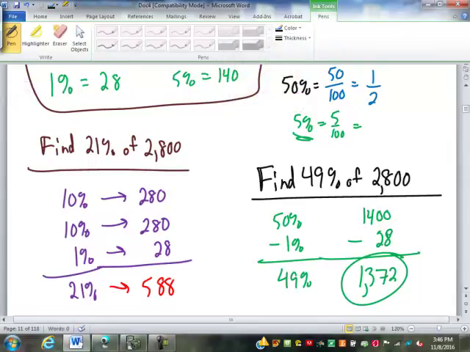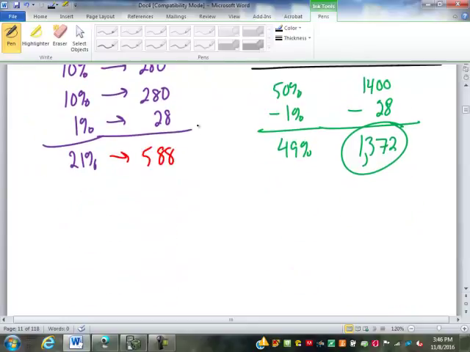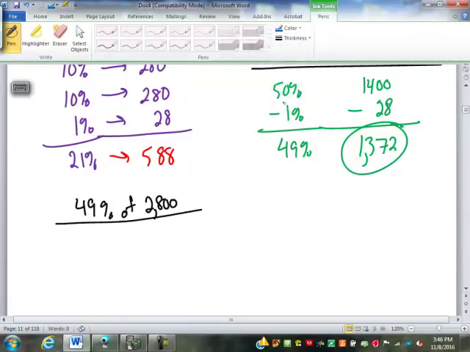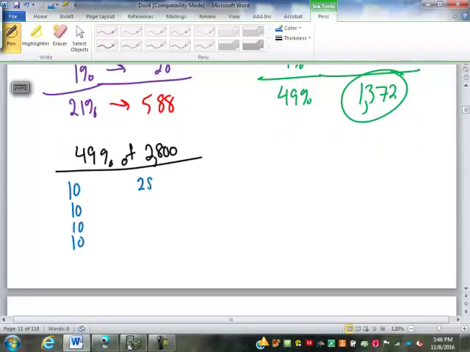And of course, we could have done this a lot of different ways. You could have done 49 as 4 10s, a 5, and 4 1s if you wanted to. In fact, it's not as hard as it sounds. If you look at your benchmarks and your patterns, 4 10s, that's 280, 280, 280, and 280.